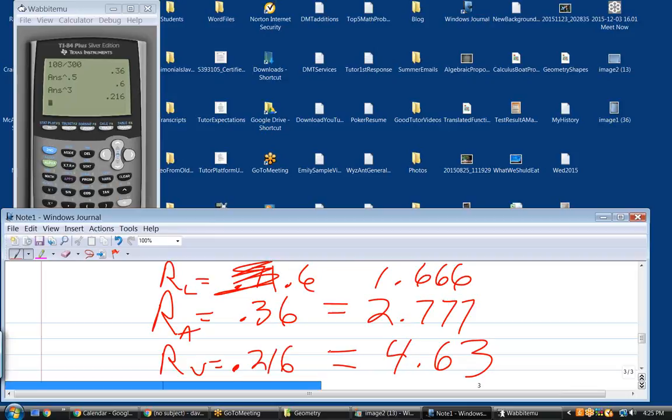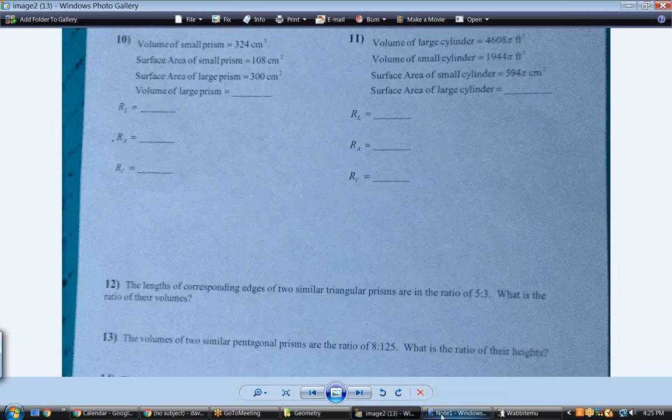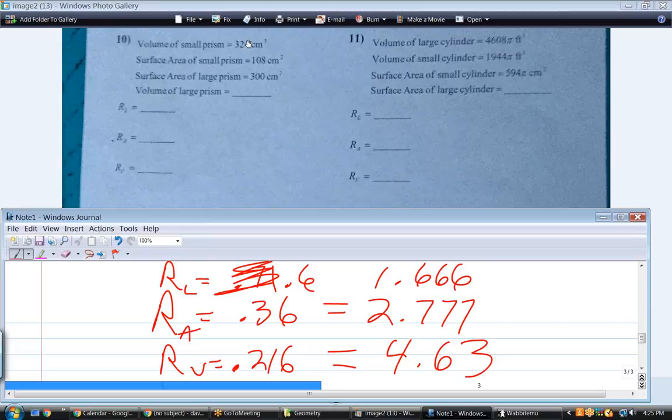And now notice that if I take my volume, which is 324, and divide it by 0.216, I will get the same answer as if I take that volume and multiply it by my number, 4.63. Okay.